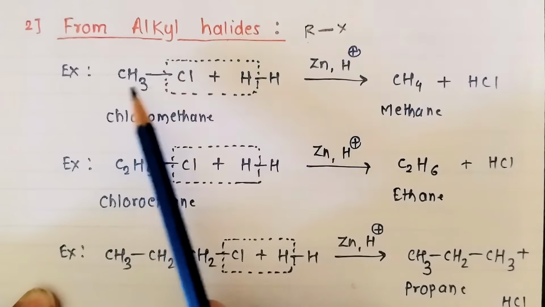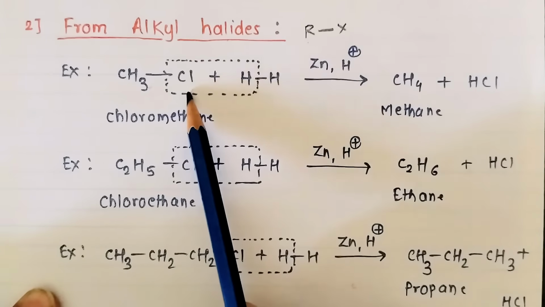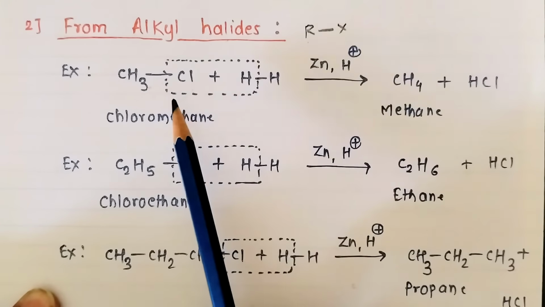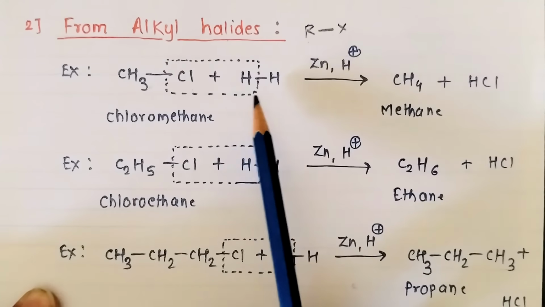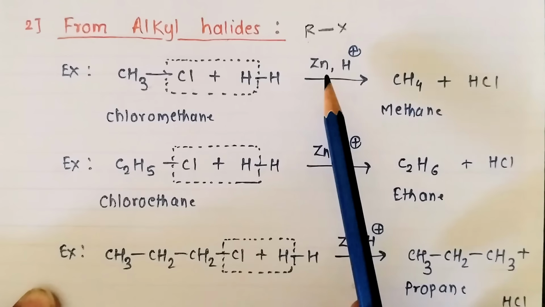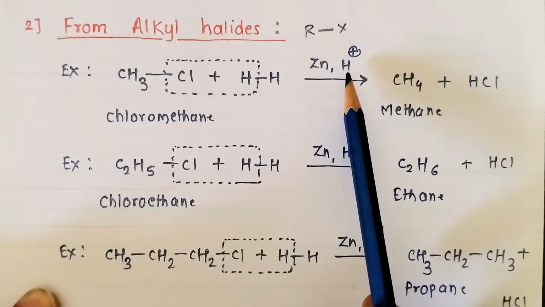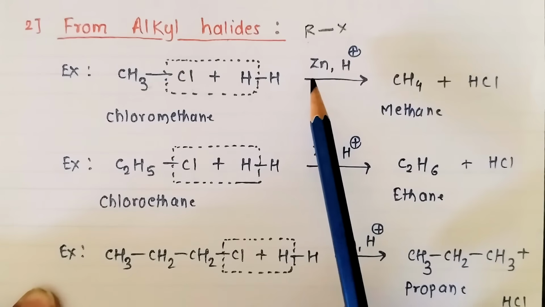This is also an alkyl halide. CH3 is the alkyl group and chlorine is the halide group. This alkyl halide undergoes reduction in the presence of hydrogen, and the catalyst used is zinc and dilute hydrochloric acid.